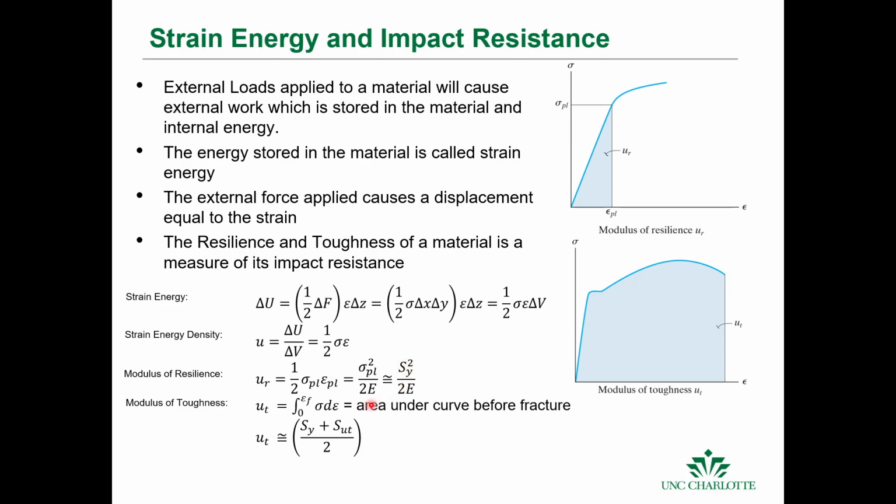And for materials that need to absorb a lot of energy, you can look at their modulus of toughness, which is just the area under this entire curve. It can be approximated in a similar way by looking at the average of SY and ST, over 2. And we actually have to include here the strain. Okay, so I don't see that I included that.